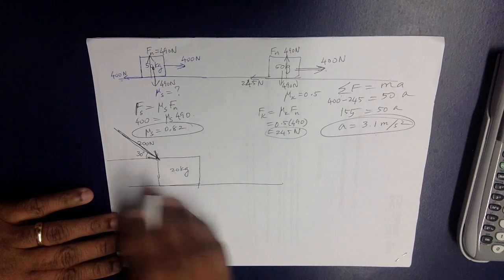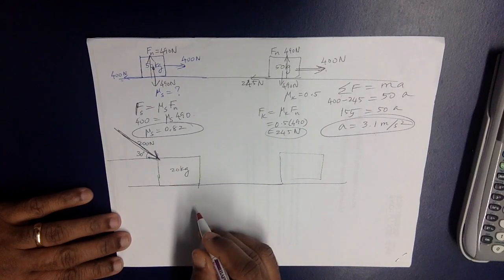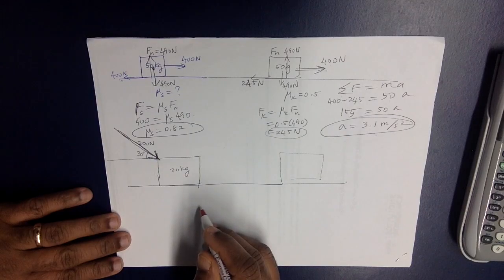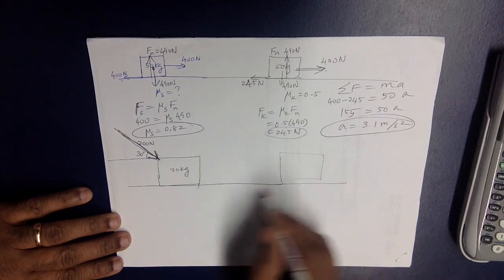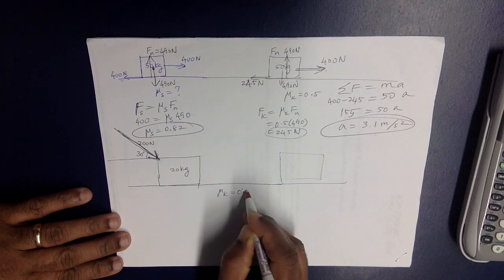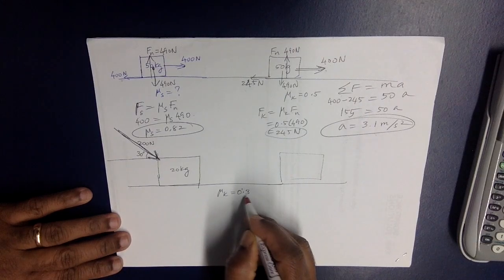What will happen to this block? It's going to slide. So what will be the acceleration with which it's going to slide? All right, so let's say it is going to slide and the coefficient of kinetic friction is 0.3.